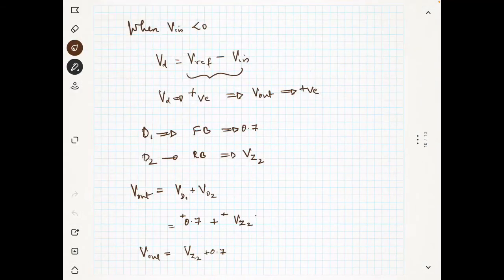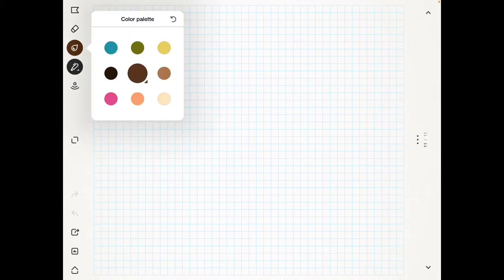Okay. Next, we will see another important type of circuit, which is known as a Schmitt trigger. This is one of the important circuits. It is a comparator with positive feedback. We will see how we can make use of positive feedback.